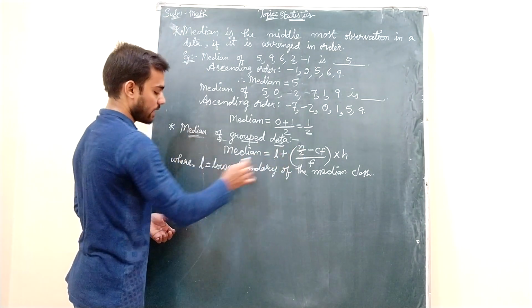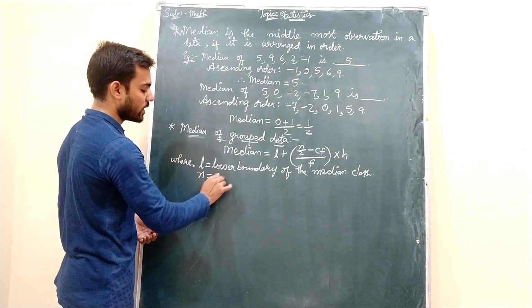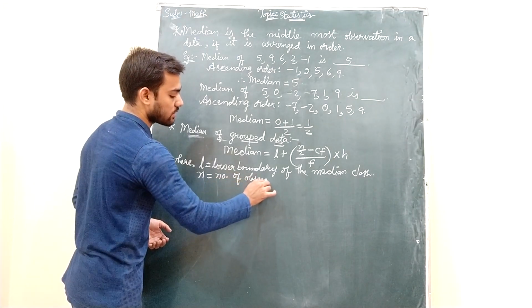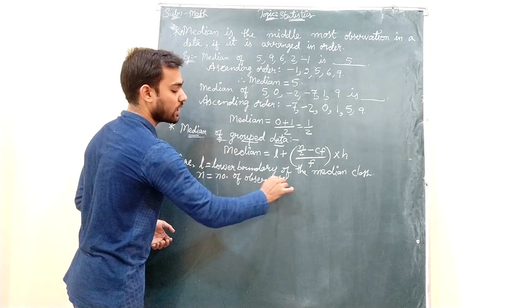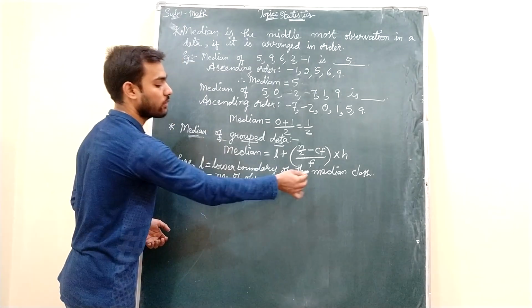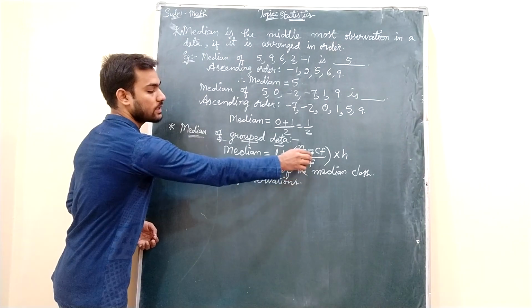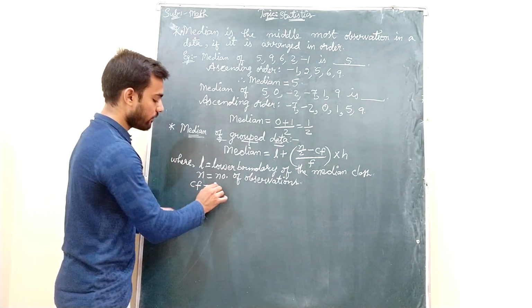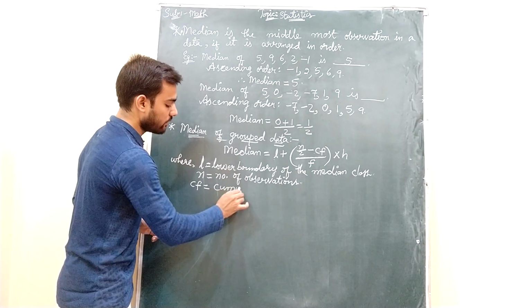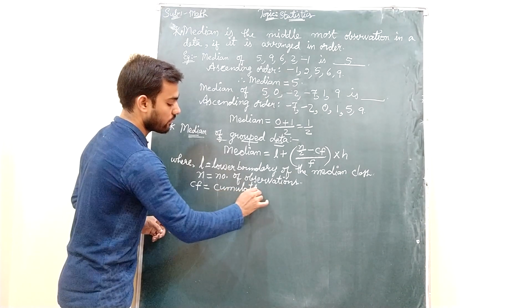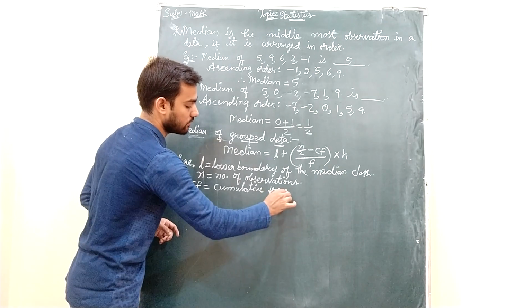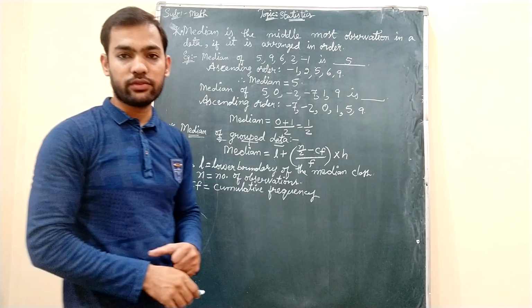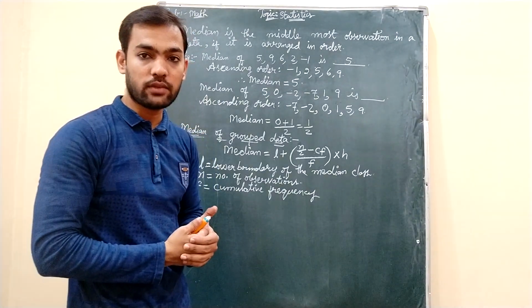Then after L you have N. N is very easy. Number of observations, which means how many total observations there are, you need to count and write. Then you have CF. CF is nothing but cumulative frequency. You will get many cumulative frequency values. So which cumulative frequency do we need to take?